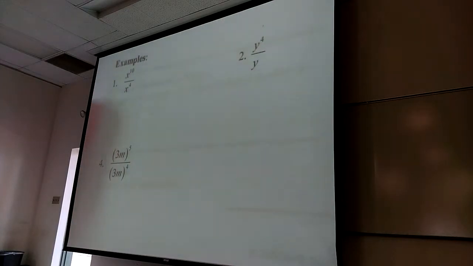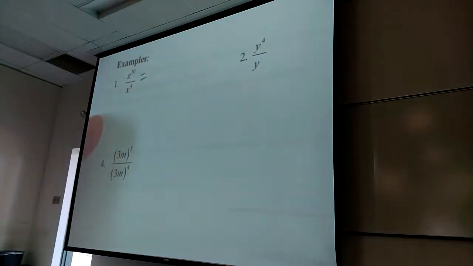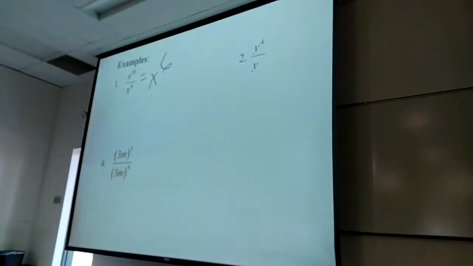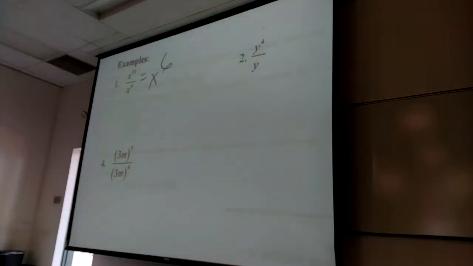Okay, what about these here? What's x to the 10th divided by x to the 4th? X to the 6. Beautiful. The same reason that when you multiply strings of them together, they get longer strings. When you divide, you're cutting off parts of the string, cutting off part of the chain. I had 10 x's chained, and then I divided 4 away, so now I got 6 x's. Not a big deal.